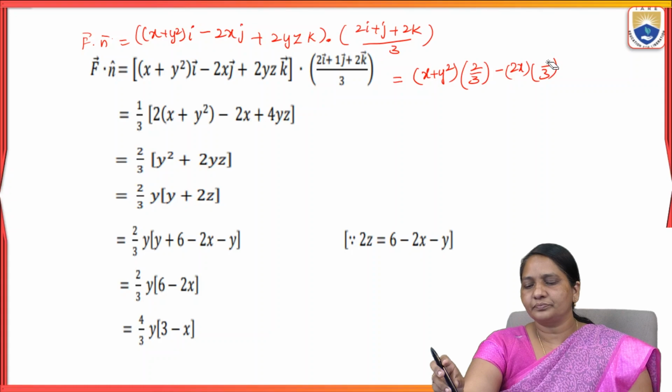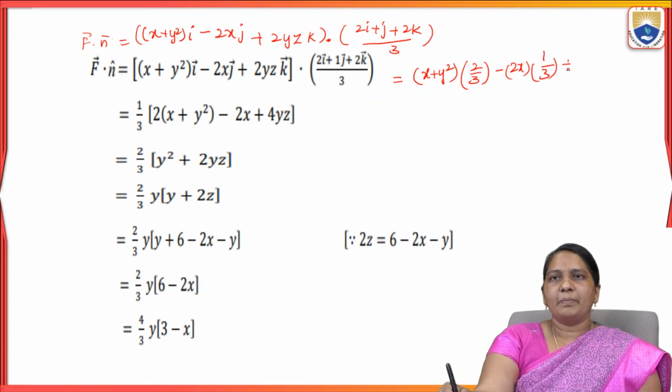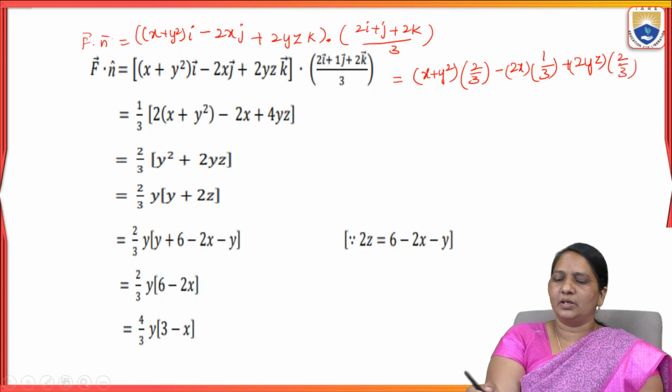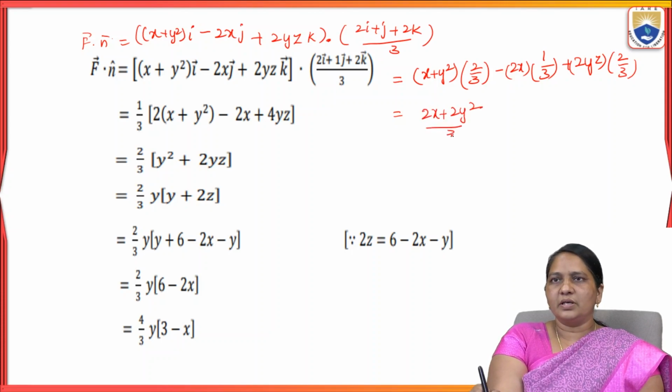Next plus 2yz into 2 by 3. Now we are going to simplify this: 2x plus 2y square by 3 minus 2x by 3 plus 4yz by 3.